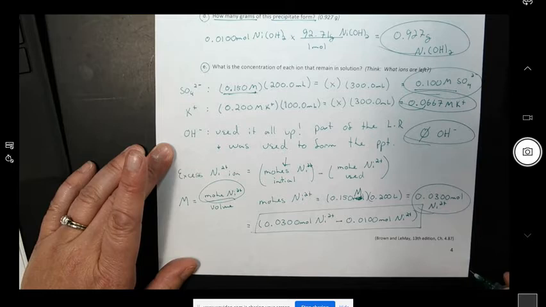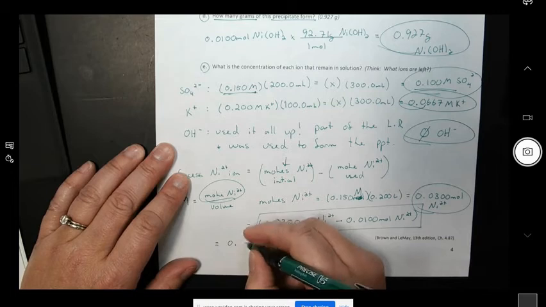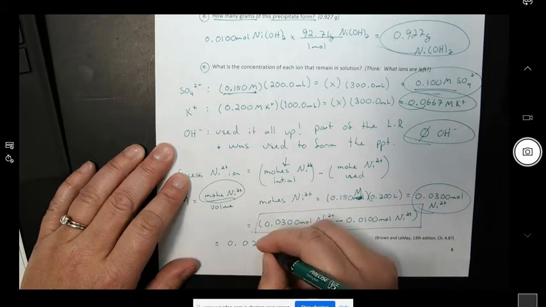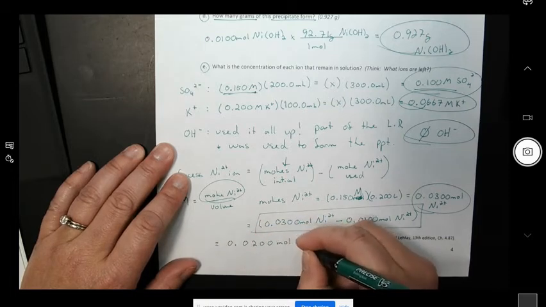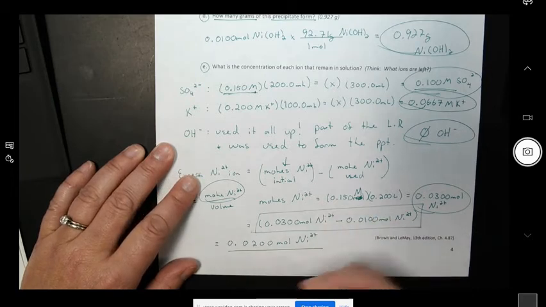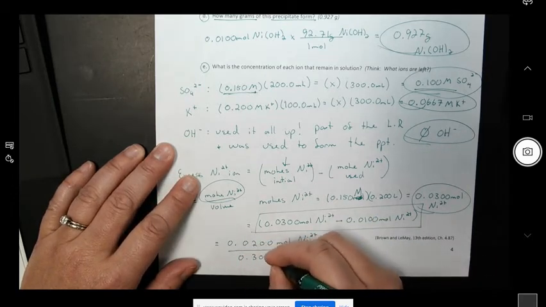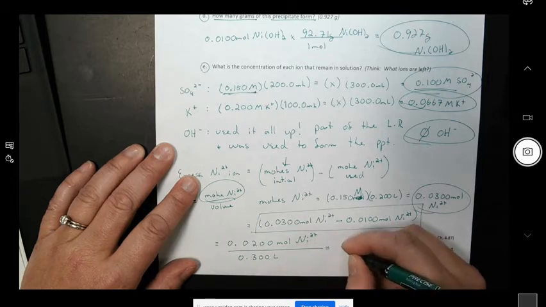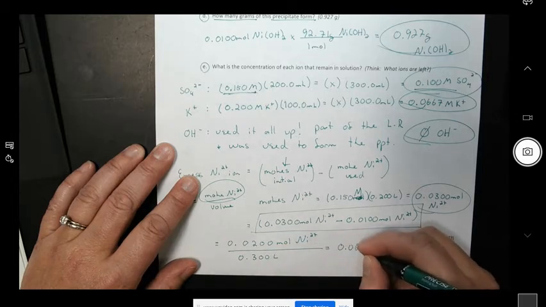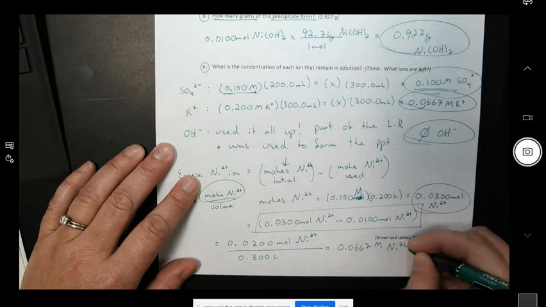So when I subtract that, I end up with 0.0200 mole of nickel ion. But remember, now it's in 300 milliliters, or 0.300 liters. So my concentration is actually 0.0667 molar Ni2+.